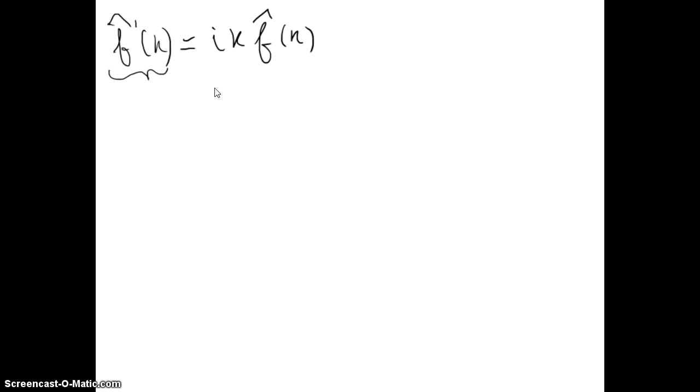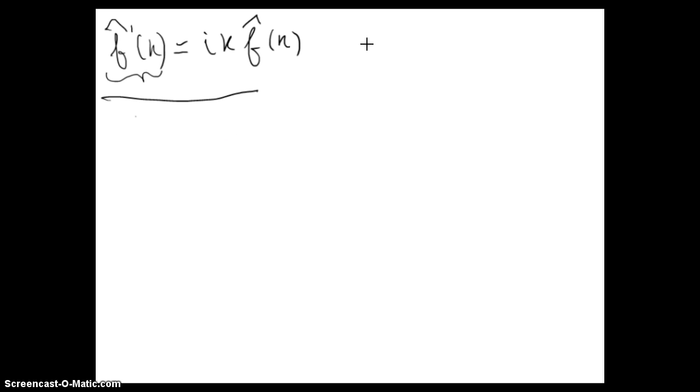It will be a property of the Fourier transform. This holds for all integers k.